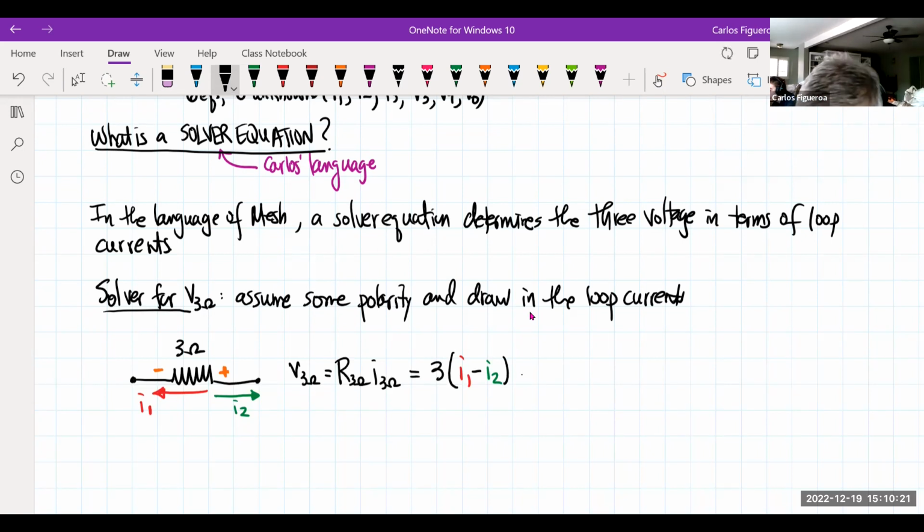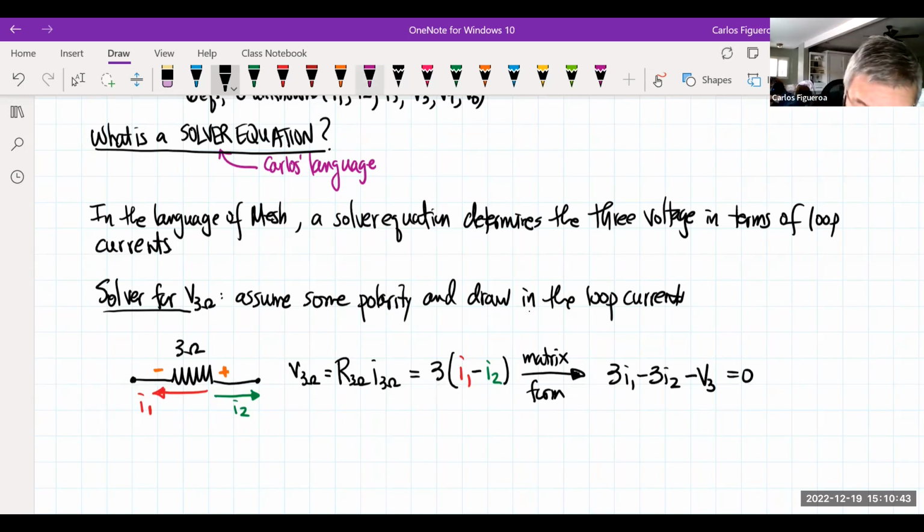If I now put this into matrix form, this is what I see: 3I1 minus 3I2, and then I bring the V3 over and set that equal to 0. That right there is a solver equation.